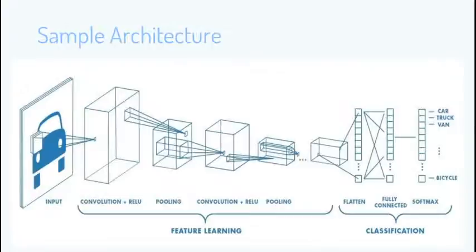Okay, so here I am showing a simple architecture of a convolutional neural network. First I have one photo, a photo of a car. I am extracting some feature data from that photo. Feature data is nothing but some important data in the input photo.